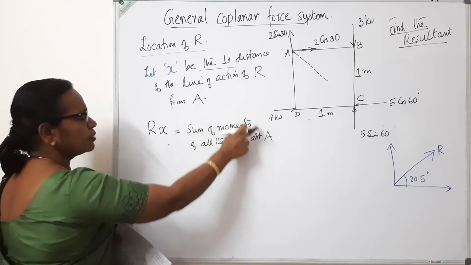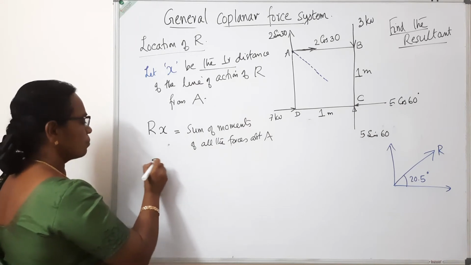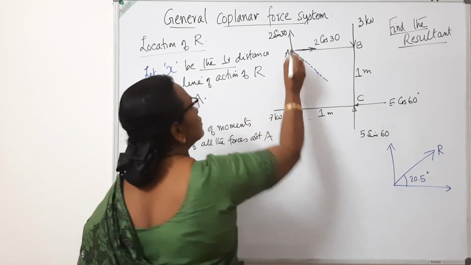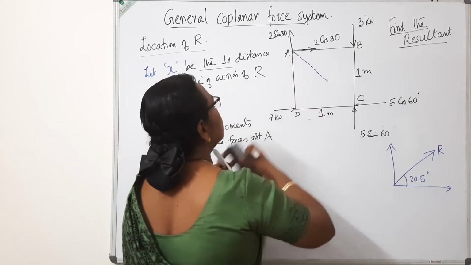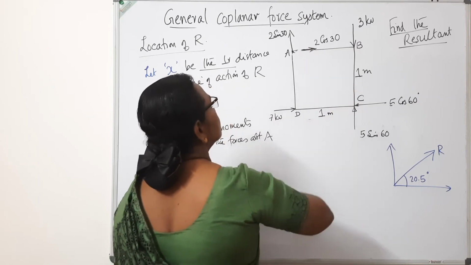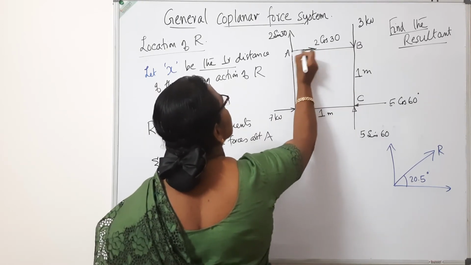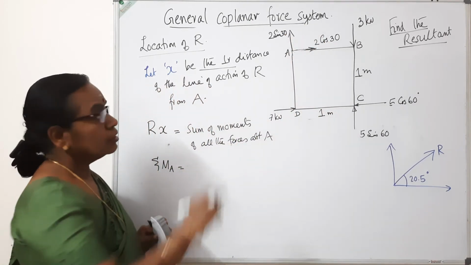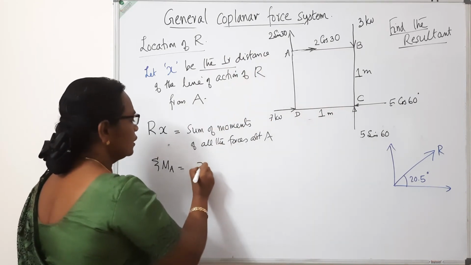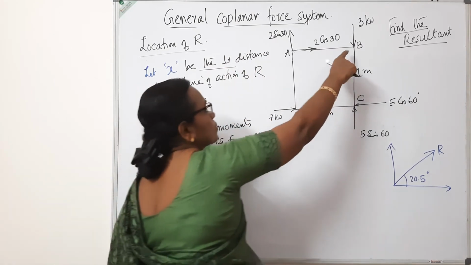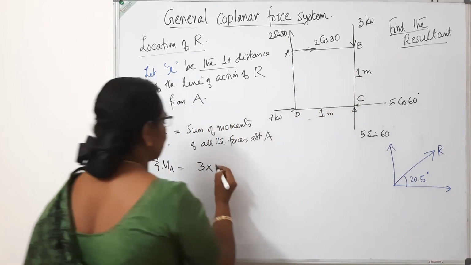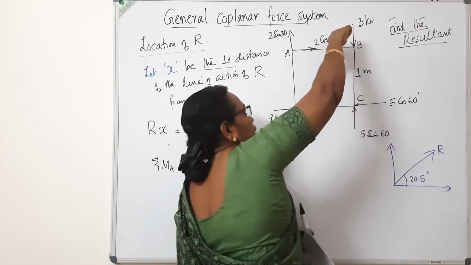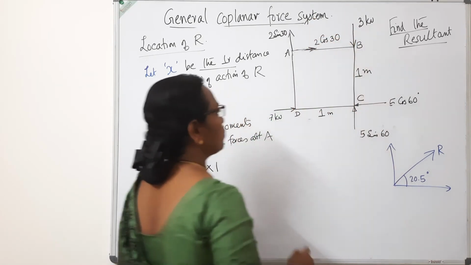So for that, first of all, let us find out sigma MA, the moment of all the forces about A. MA is equal to, considering this particular point A, the forces acting, 2 cos 30 and 2 sin 30, are acting there, so they don't have any moment about A. Considering the 3 kilonewton, 3 into the perpendicular distance, which is 1 meter. So 3 into 1, the direction is clockwise, so 3 into 1 clockwise moment.